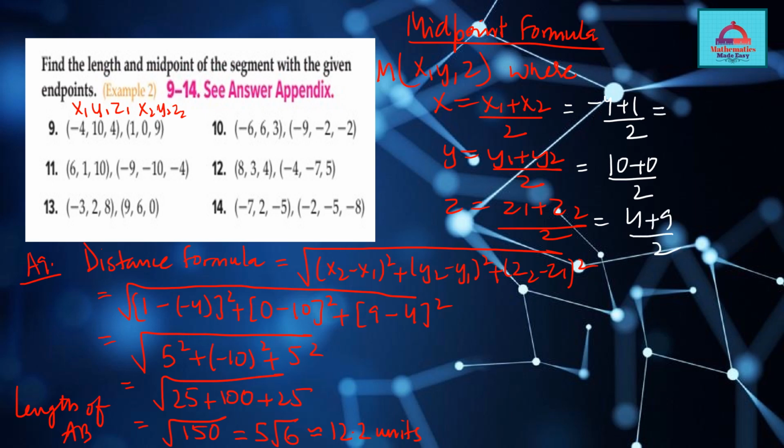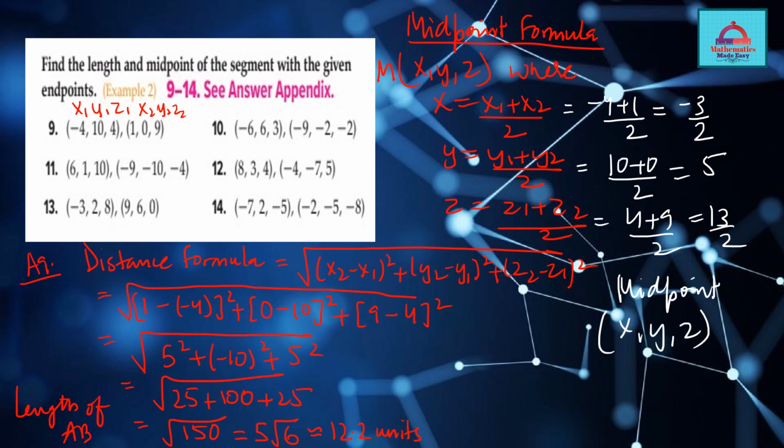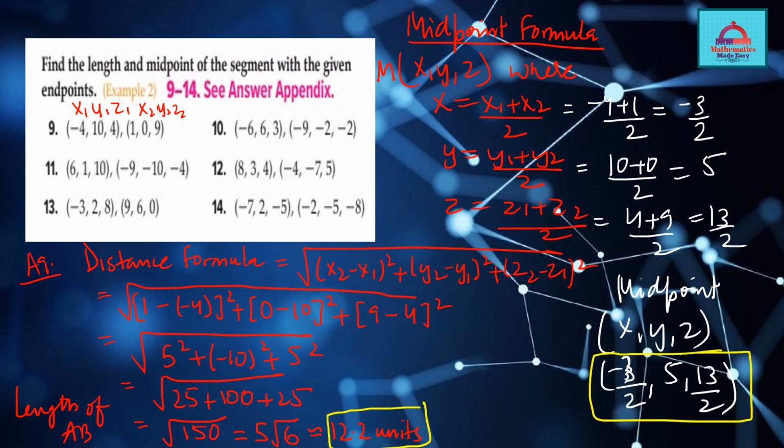So this is minus 3 by 2. This is 5, and this is 13 by 2. So what is the midpoint? The midpoint is minus 3 by 2, 5, 13 by 2. So the final answer for the length is this, the final answer for the midpoint is this, minus 3 by 2, 5, 13 by 2. So that's how you solve.